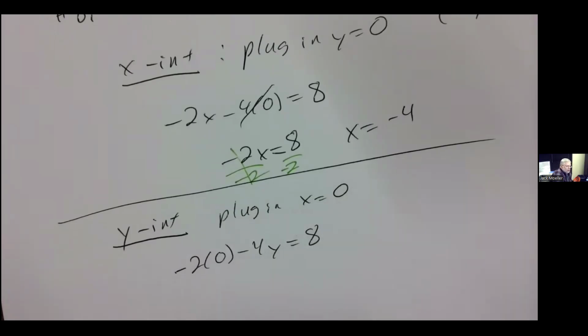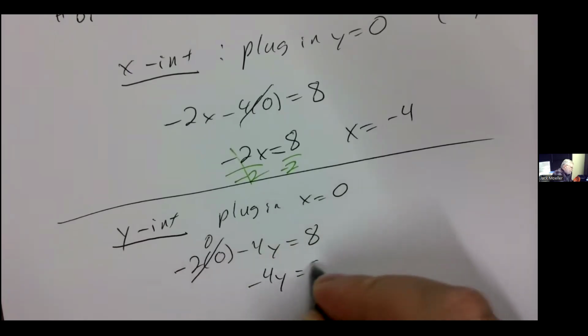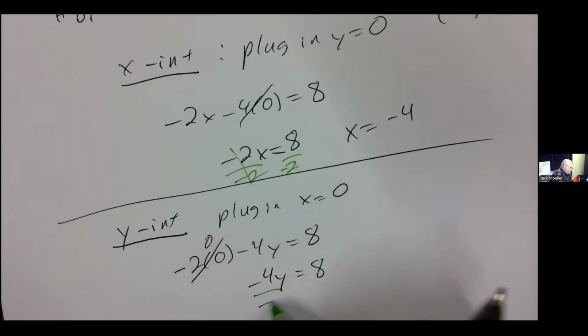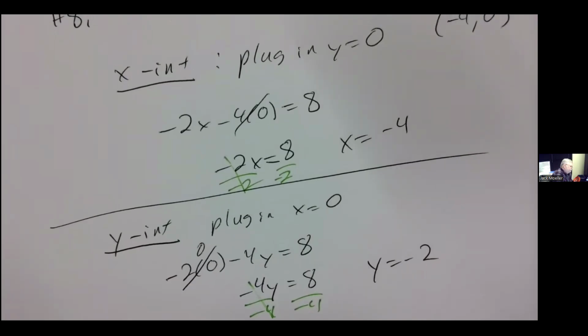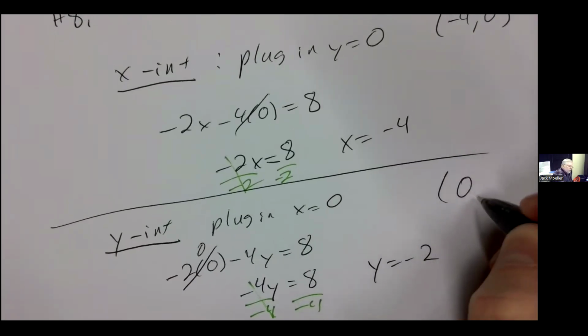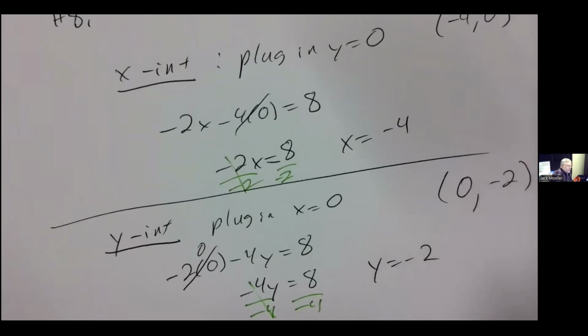We're right back to solving a basic equation. That term goes to 0. We get y equals negative 2. So we plugged in x equals 0 and got y equals negative 2.